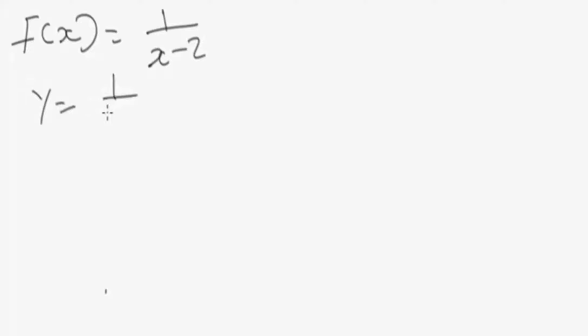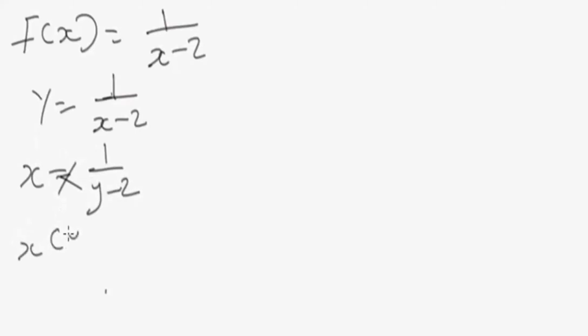Let's say you're given this example, f of x equals 1 over x minus 2, and you have to find the inverse function. How do you do it? Very simple. y equals 1 over x minus 2. Once you're done, interchange x with y. If you do it, you're going to have x equals 1 over y minus 2. So you cross multiply. When you do, x in brackets y minus 2 equals 1.